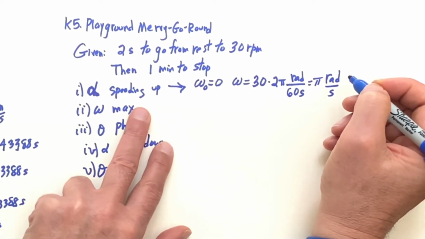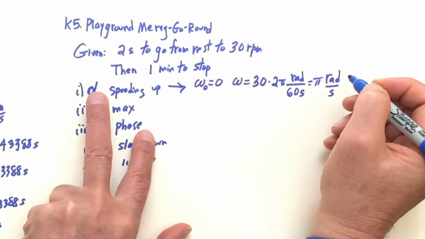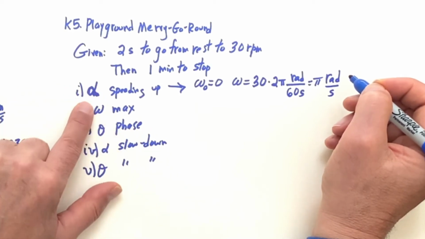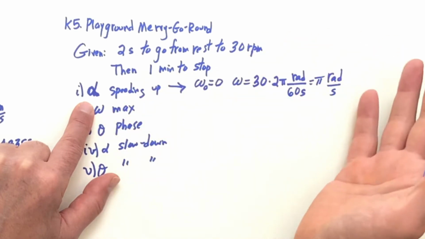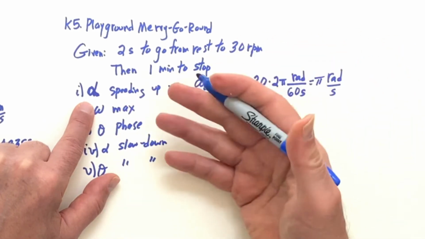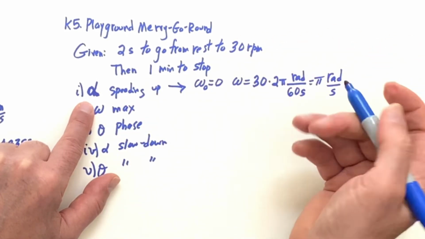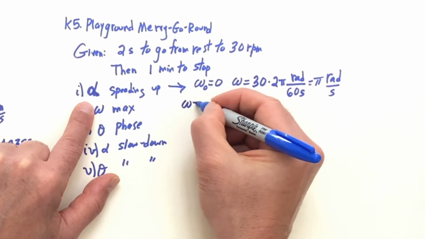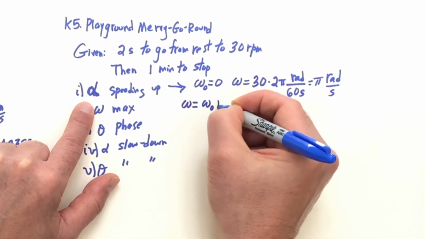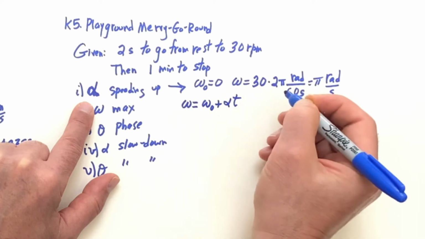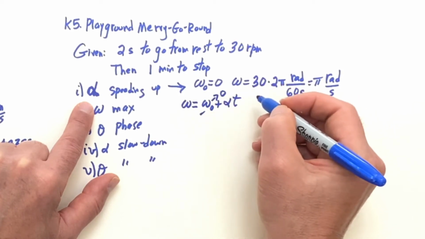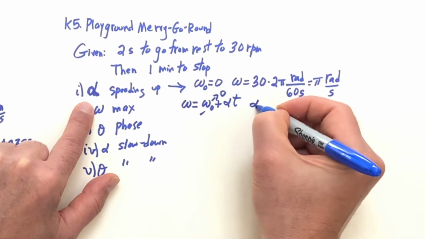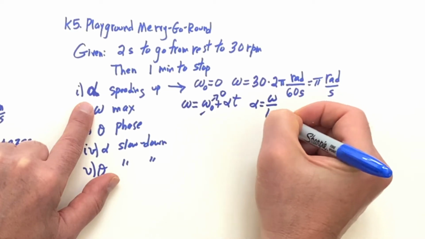Now I'm interested in finding out the average acceleration. Now we assume the acceleration is constant, but really it's going to be the average. So that would be using this kinematic formula. Omega is omega naught plus alpha t. And since omega naught is 0, we can find alpha is simply omega divided by t.